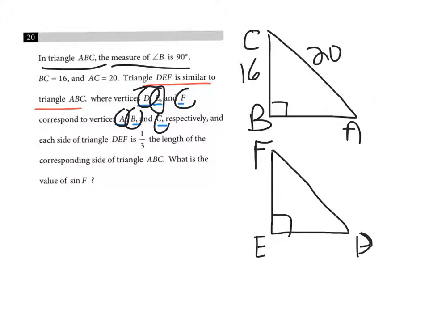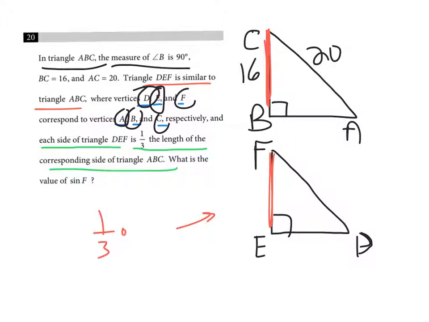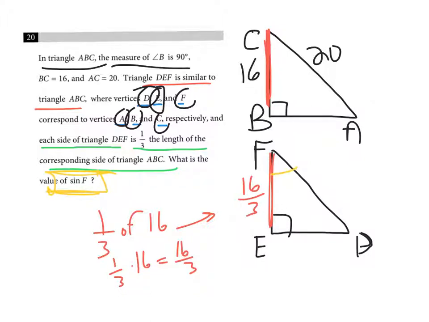And it says each side of triangle DEF is 1/3 the length of the side of the corresponding triangle. So since BC is 16, EF is going to be 1/3 times 16, or 16/3. And the question says, what is the sine of angle F?